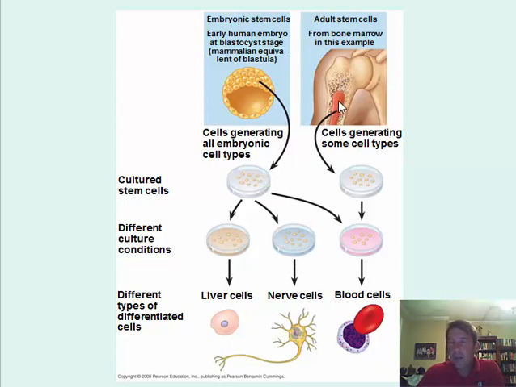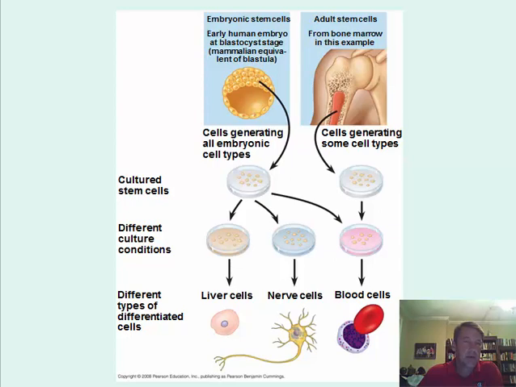So here in the example, you can get stem cells either from your marrow or from an early blastocyst, and these cells can be put into cultures. Under certain conditions, they will develop into certain types of cells, blood cells, nerve cells, or liver cells, or whatever, and then these can be used therapeutically.